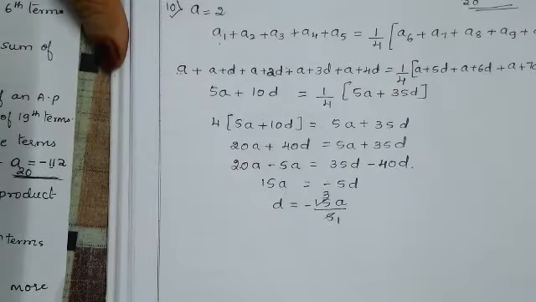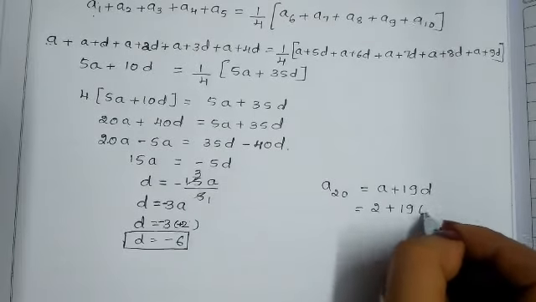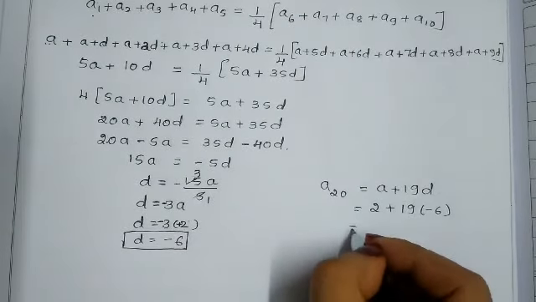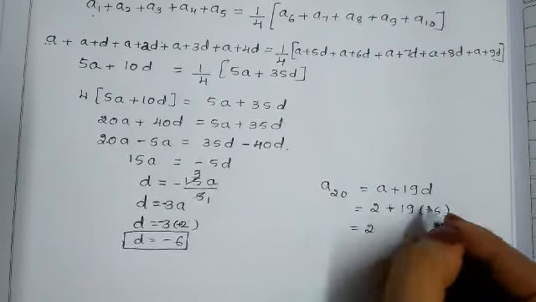Now what do we have to prove? A20 is equal to A plus 19D, as we know. A is 2 plus 19 as it is, and D we got is minus 6. 19 sixes are 114. 114 minus 2 is 112.